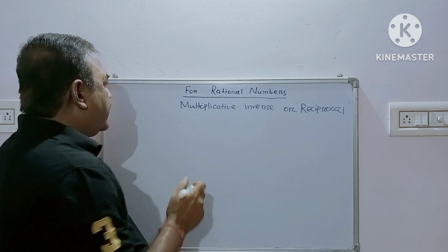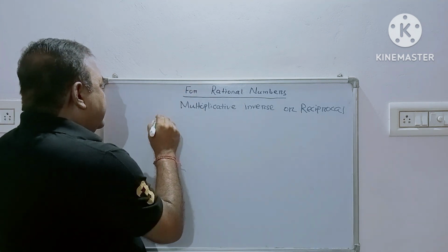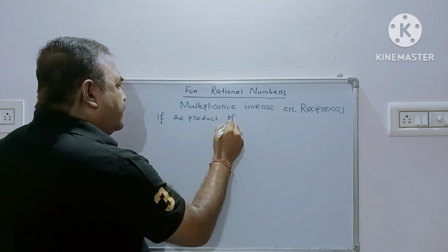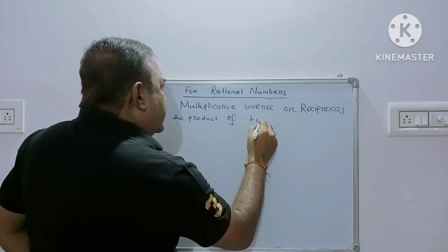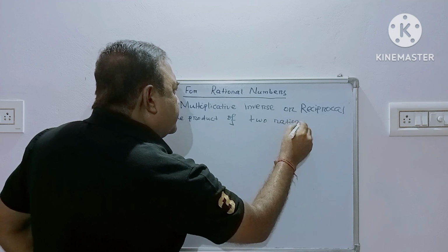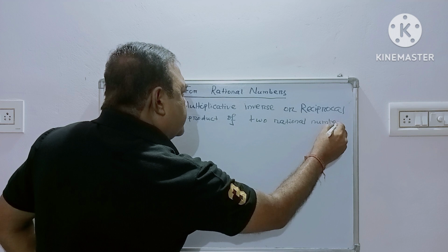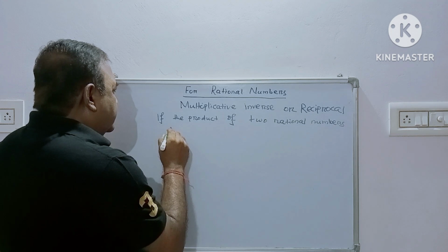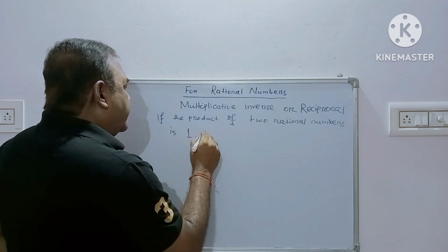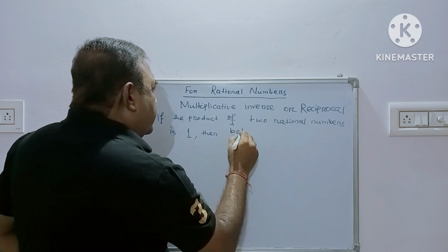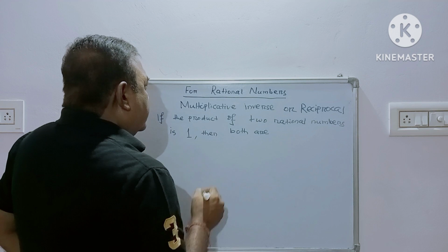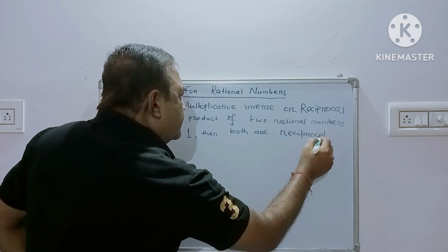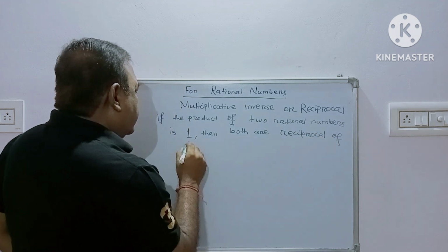For rational numbers, if the product of two rational numbers is 1, then both are reciprocal of each other.